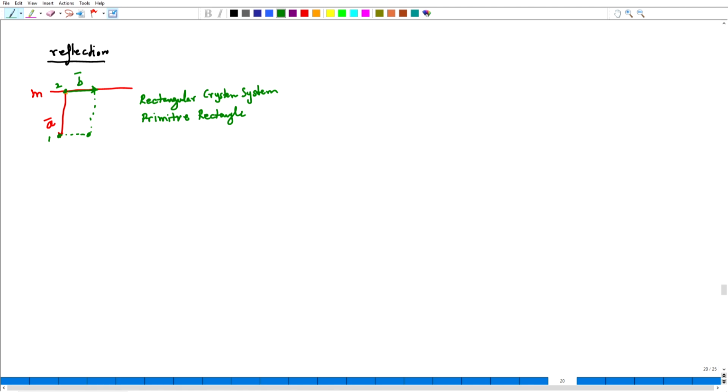So, if I go further, for this particular cell, A not necessarily equal to B and alpha equals 90 degrees.